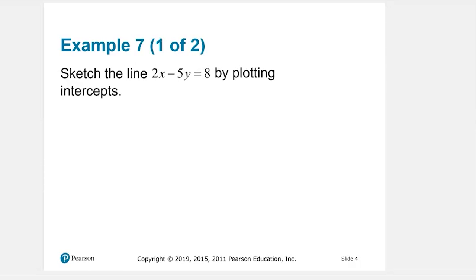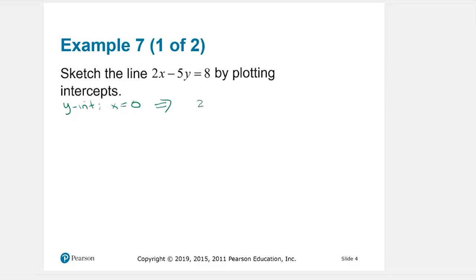Now here, notice it says, sketch this line by plotting intercepts. So this is in standard form. And since we're plotting intercepts, it's really easy to use that standard form, because remember, if I want to know what the y-intercept is, I set x equal to 0.